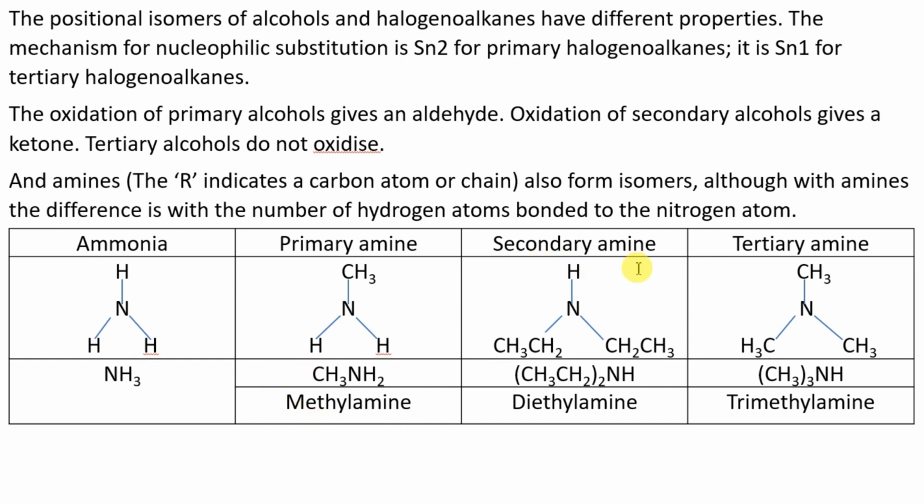I can have a secondary amine. Here I've got 2 ethyl groups bonded to the nitrogen, diethylamine. Or a tertiary amine, 3 methyl groups bonded to the central nitrogen, trimethylamine.